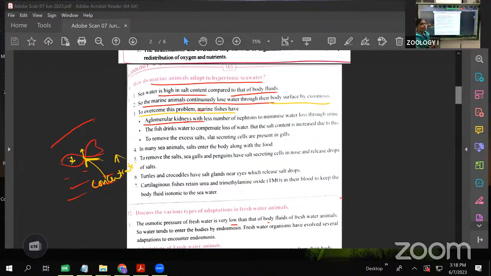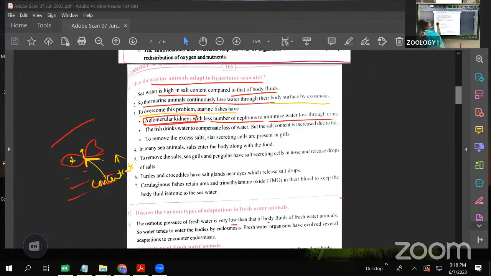Kidneys without the glomerulus, so the water does not go out automatically. They have aglomerular kidneys with fewer nephrons to minimize water loss through the urine. Normally fishes have glomerular kidneys, but in some animals aglomerular kidneys are present to prevent water loss.